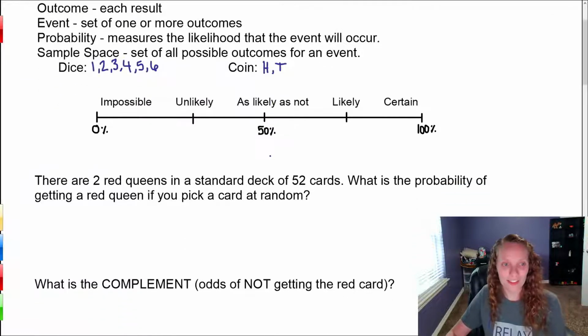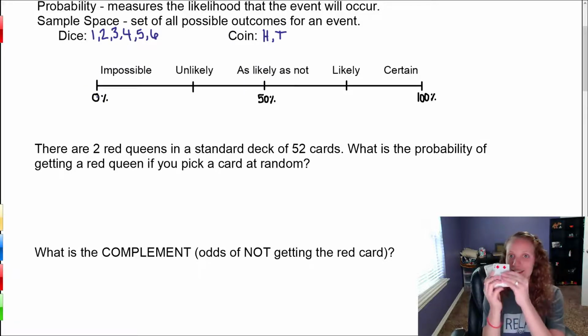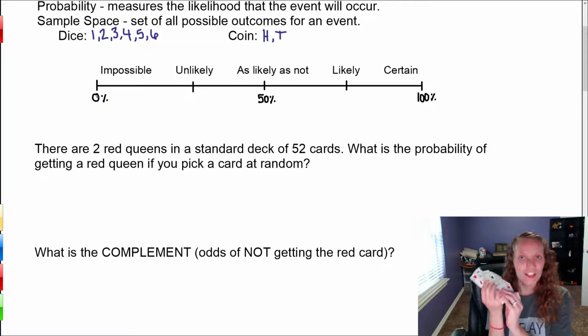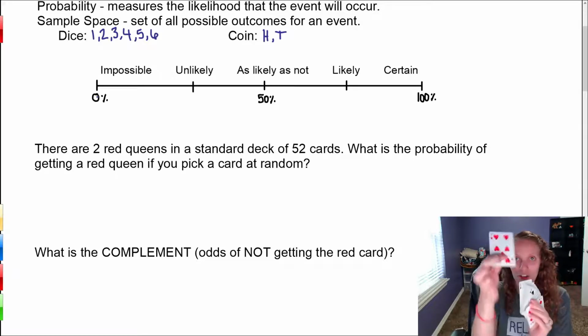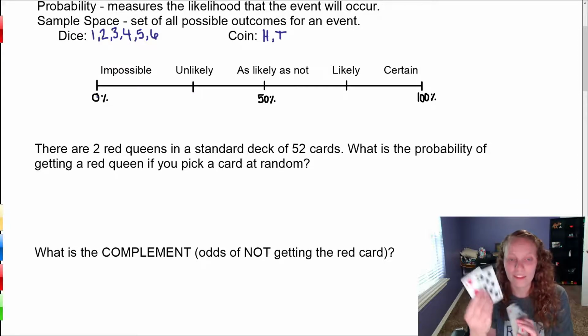Alright, so we have this number line here that talks about the different types of words that could be associated with probability. If something is 0% of a chance, it's impossible. So I have this deck of cards here. It's a normal deck. Some of the cards are red, and some of the cards are black.